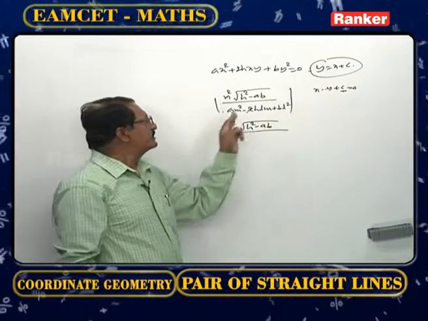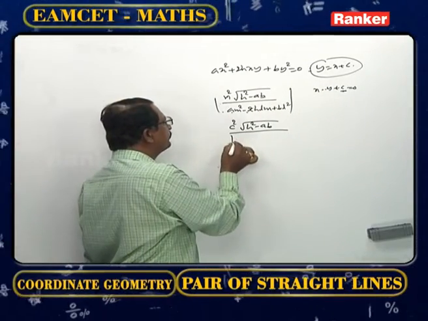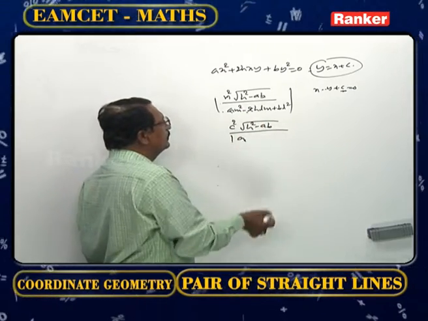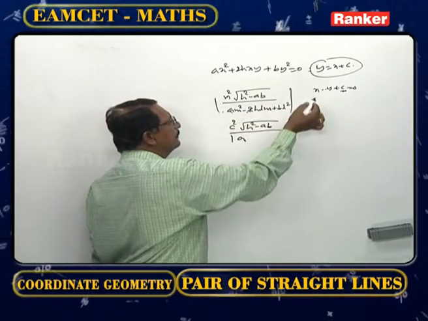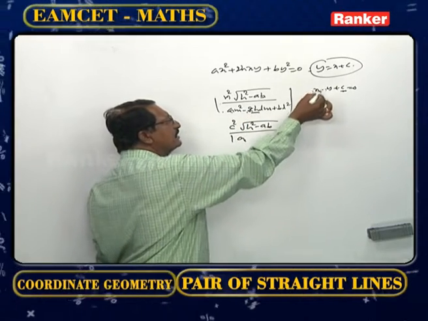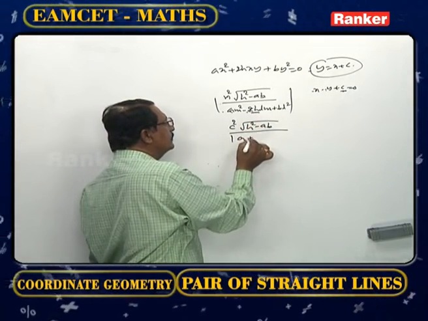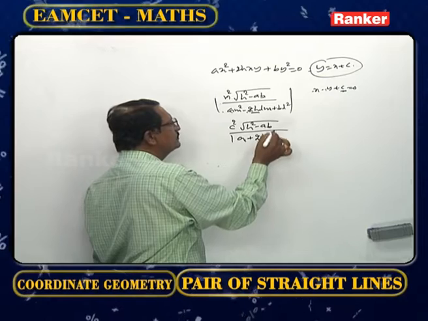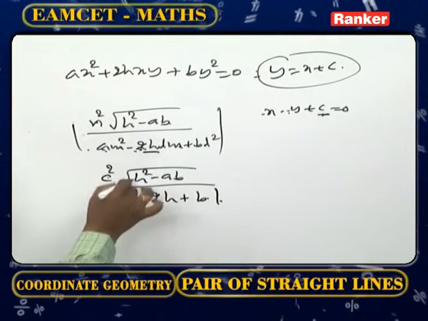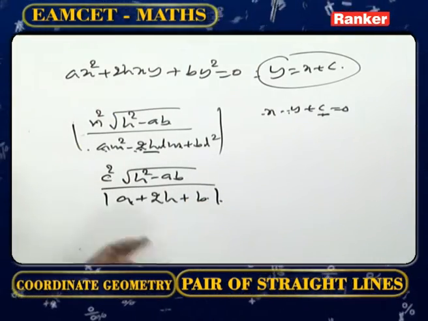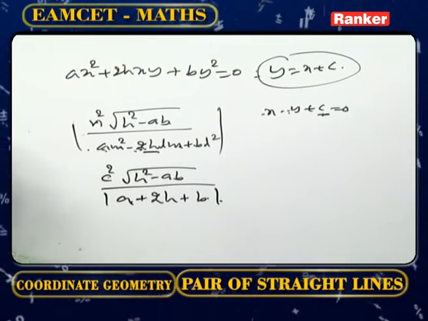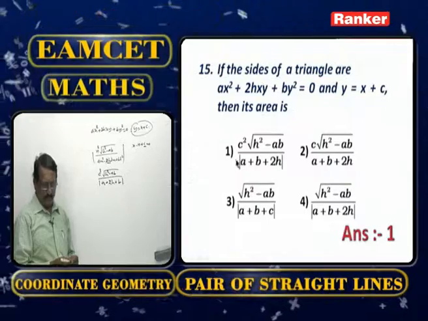Now m equals minus 1, m square equals 1. Now am square equals a, minus 2hlm, minus 2h into l equals 1, m equals minus 1, then we get plus 2h plus bl square, b. Now c square into square root of h square minus ab by a plus 2h plus b. Now the first option is correct.